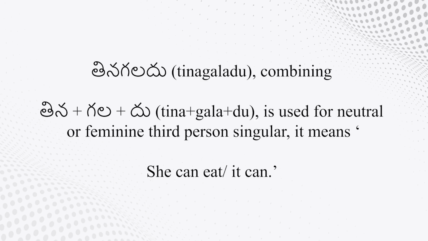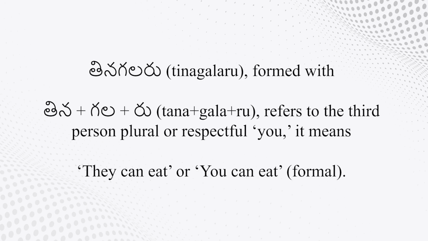It means she can eat or it can. తినగలరు formed with tina plus gala plus ru refers to the third person plural or respectful you. It means they can eat or you can eat.